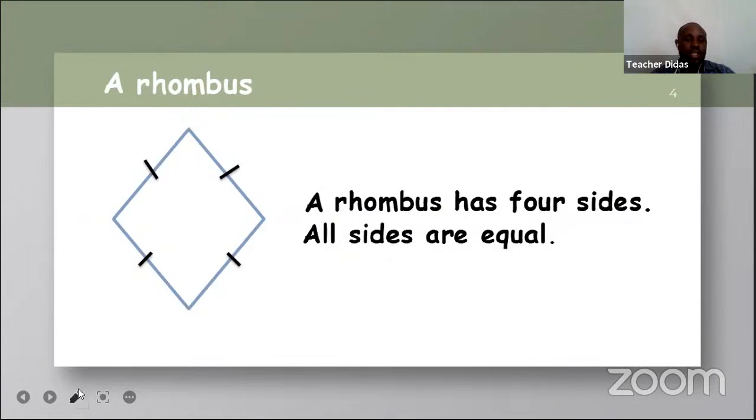I went ahead and drew for you some examples of a rhombus, and it can also be drawn in this format. We can call it a square with slanting sides. You get it? So this one is equal to this one, and is equal to this one, and is equal to this one.